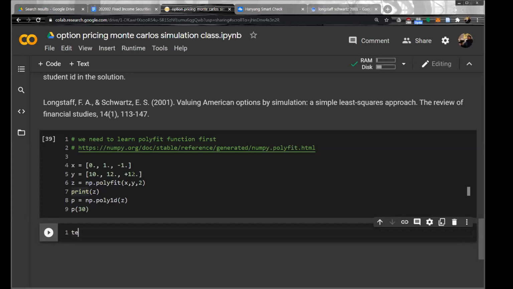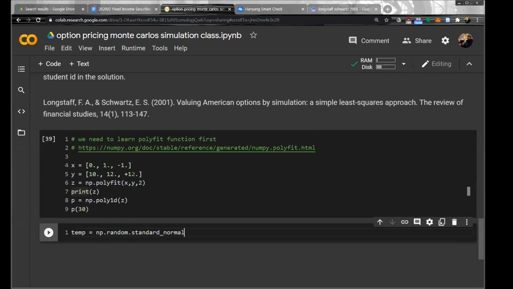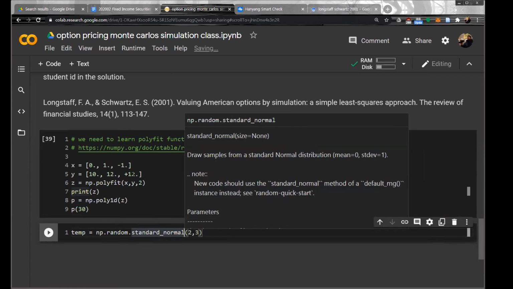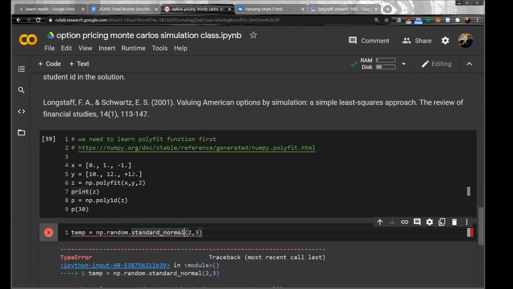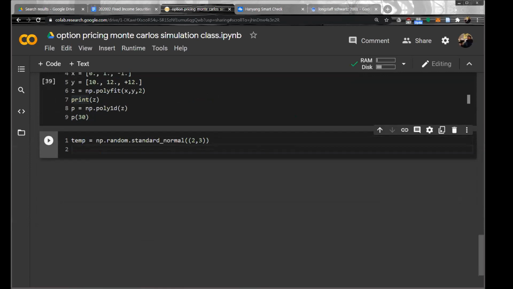So let me say temp equals np.random.standard_normal with 2, 3, and then print temp.